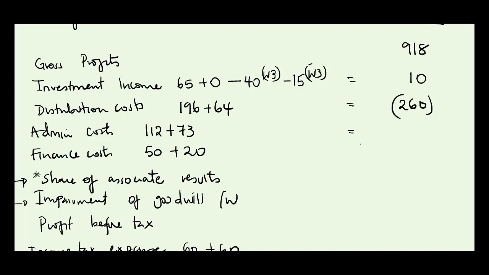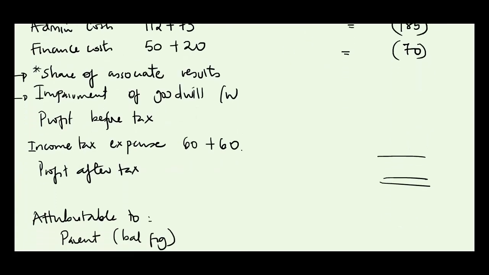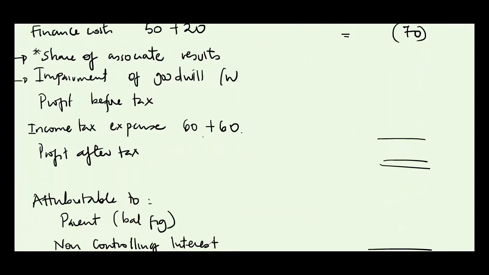Admin cost, no adjustment, 185. Finance costs, no adjustment, 70. Share of associates results, we are yet to work that out. Impairment of goodwill, we are yet to work that out. And then we have income tax expense, that one we can get, it's an easy mark, it is 120.